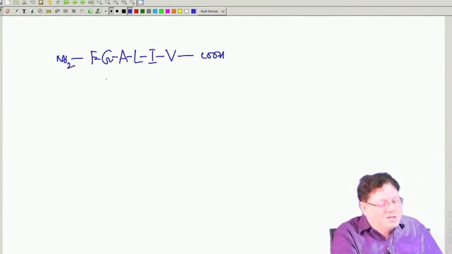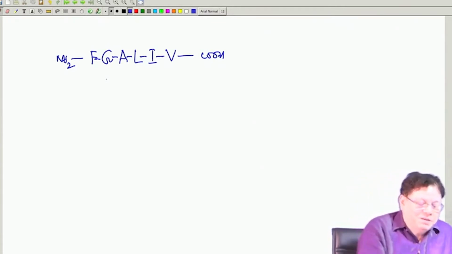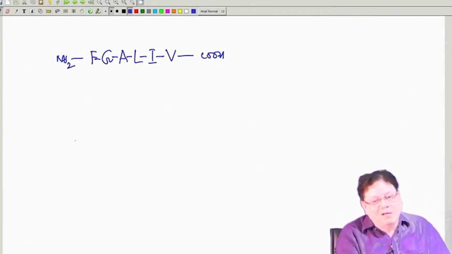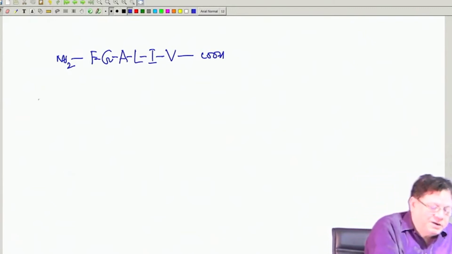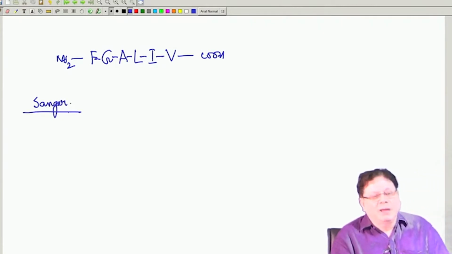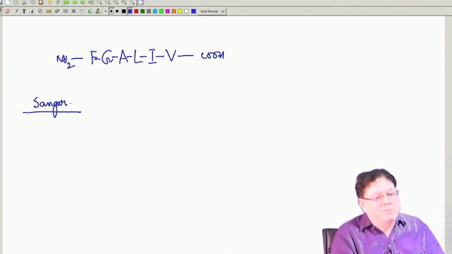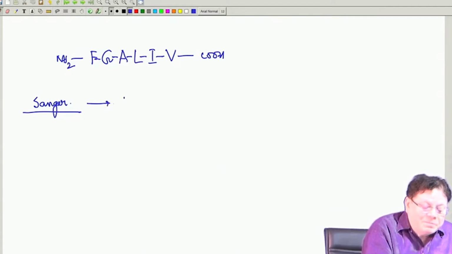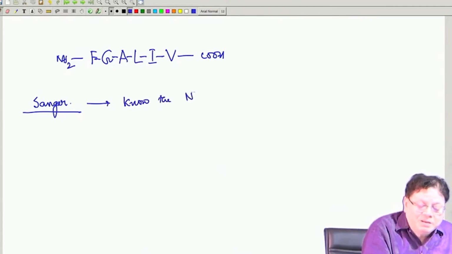Okay. The first development took place when the Nobel Prize winning scientist Frederick Sanger from Cambridge University in England developed a method which was meant only to know the N-terminal amino acid.